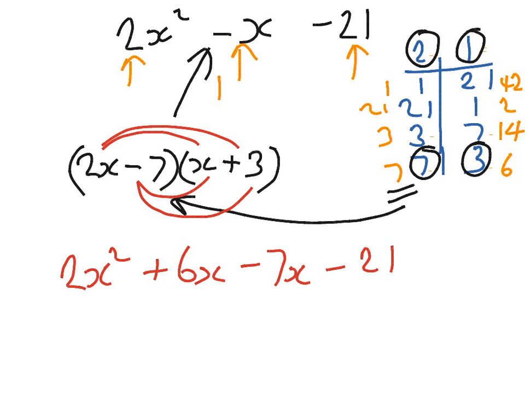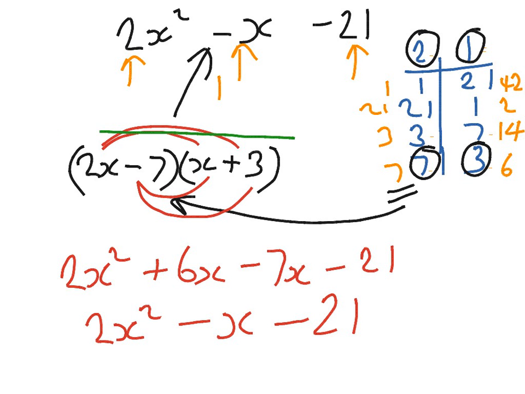Collect the like terms. 2x squared plus 6x minus 7x, which gives us our negative x minus 21. And that does indeed give us our original quadratic. So we've shown that in the end those two double brackets that were factorised are indeed correct.